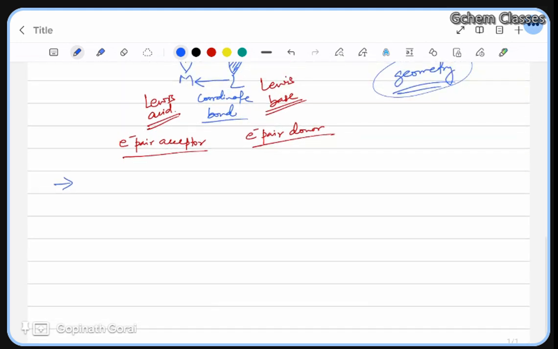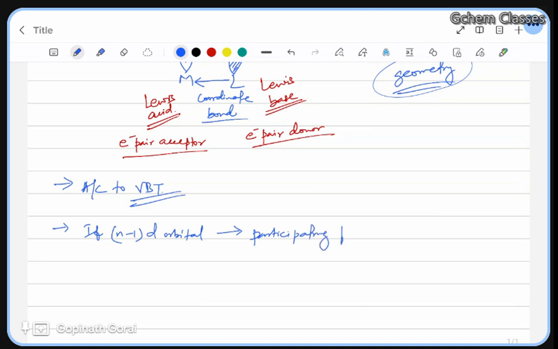So what are the points? Everything will be according to VBT. If the n minus 1 d orbital is participating for hybridization, then the hybridization is going to be d2sp3.